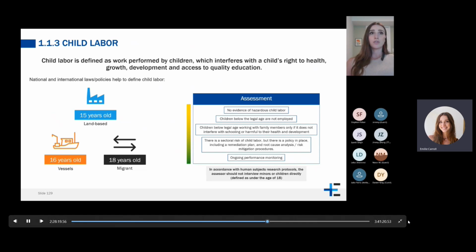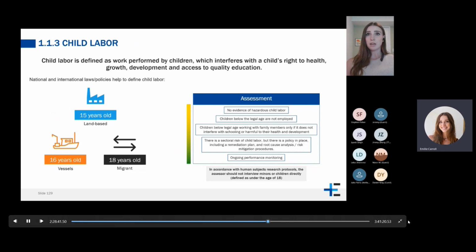So usually here you're going to be looking largely at secondary research or secondary data collection sources in terms of looking at international laws and policies. In terms of international laws, we're looking at the ILO for guidance here. And so for land-based work, the ILO states that 15 years old should be the minimum age for work.